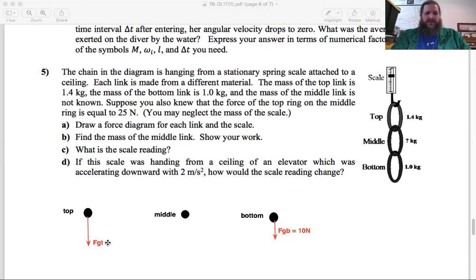Yeah, 1.4 kilograms times approximately 10 meters per second squared would be 14 newtons in the downwards direction. And for the middle link, we don't know its mass, but we can at least write its force of gravity as G times the mass, 10 meters per second squared times capital M, the unknown mass of the middle link.